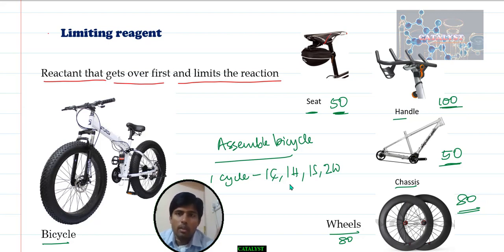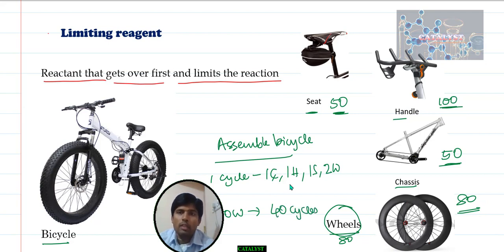So at last we are able to identify that wheels limit the number of cycles we assemble. So 80 wheels means I can only assemble 40 cycles.